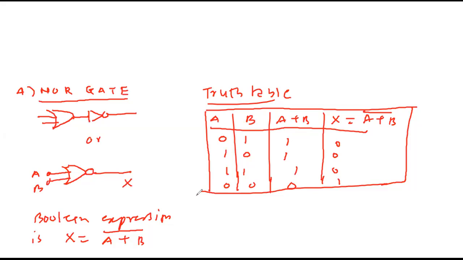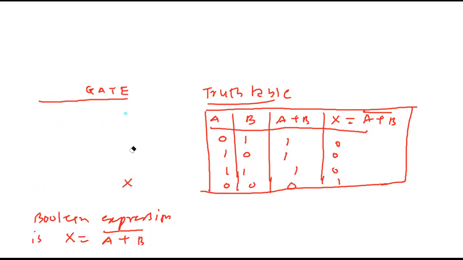Fifth one, NAND gate. NAND gate means NOT AND, meaning the opposite of AND. So the fifth one is NAND gate.